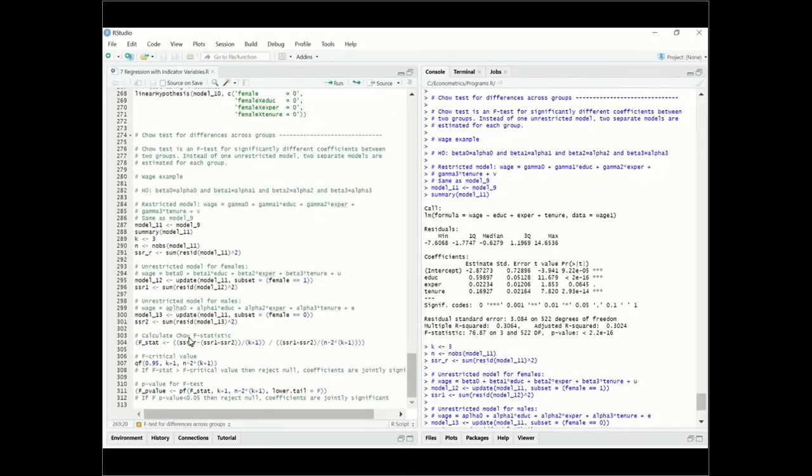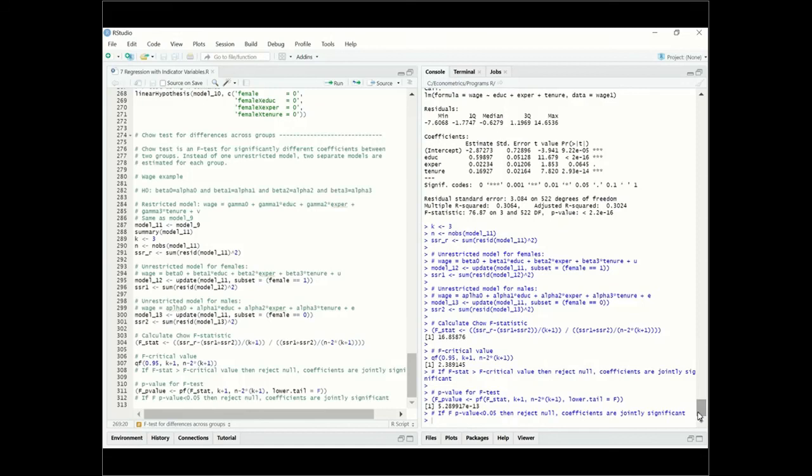And we're basically using this formula, which is equivalent to the F statistic above. And we're calculating the F critical value and the p-value for this F test. And here is the F critical value that we're estimating. And here's the test statistic, and this is the critical value. So notice that actually these two are exactly the same numbers as we had them before. And that is the p-value for the F test. Because again, we're testing exactly the same thing. We're using a different approach for the Chow test.